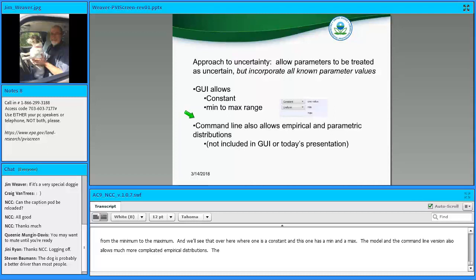Those aren't included in the GUI, and that's not going to be included in today's presentation with one exception. But those are possible. By and large, data are limited, and so the number of times you're going to have an empirical distribution is pretty limited also.